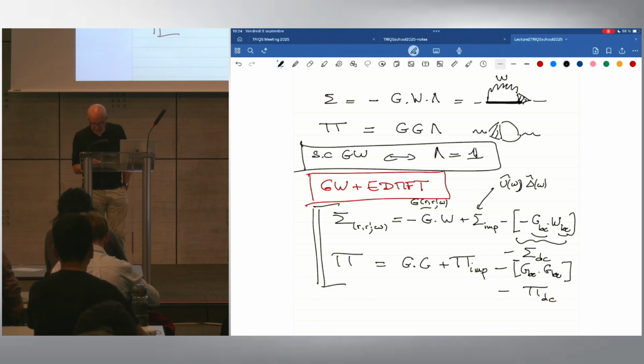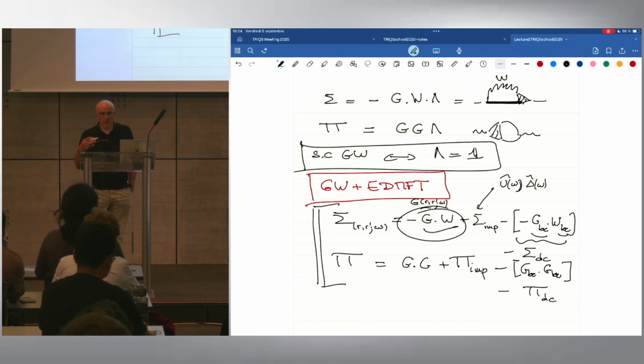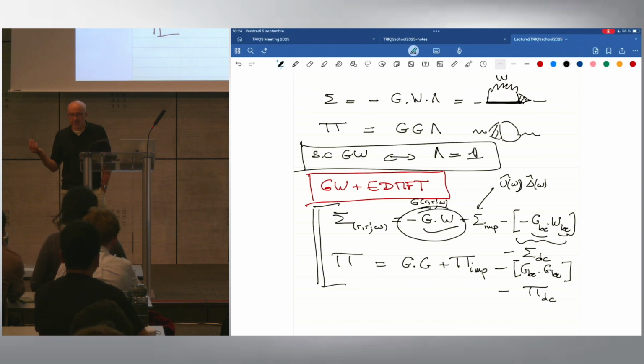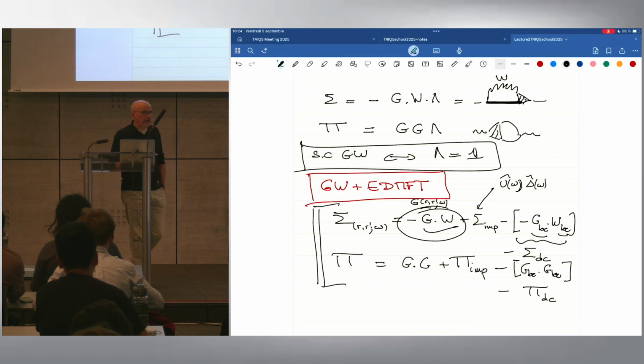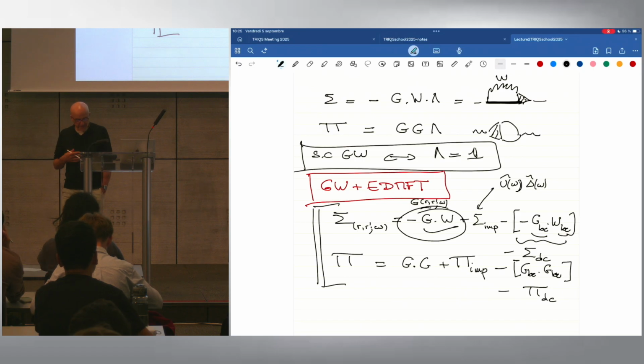So now you see that if we were doing just EDMFT for a model, let's say, we would just say sigma of R prime of omega is sigma impurity. We would not have that term. And it wouldn't have momentum dependence. Now this guy, for all the bands that are far from Fermi level, will bring the important momentum dependence. And we know that GW is not doing a bad job for weakly correlated systems, at least for many of them.